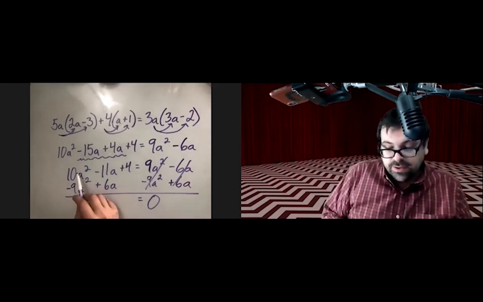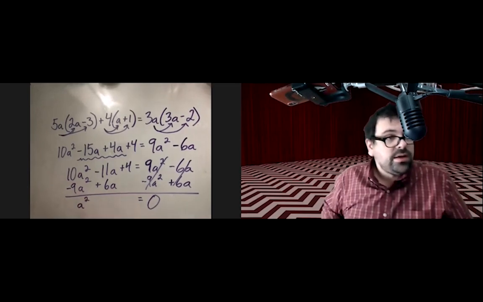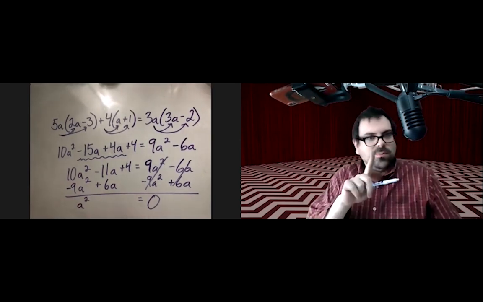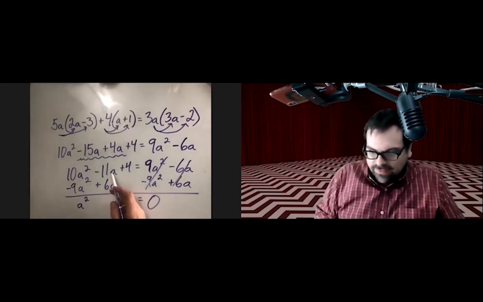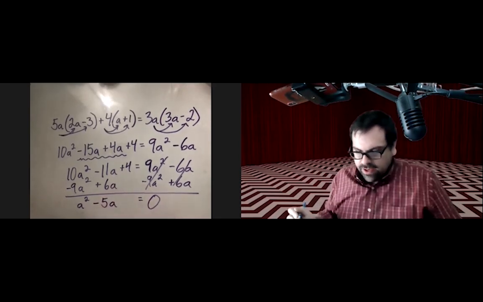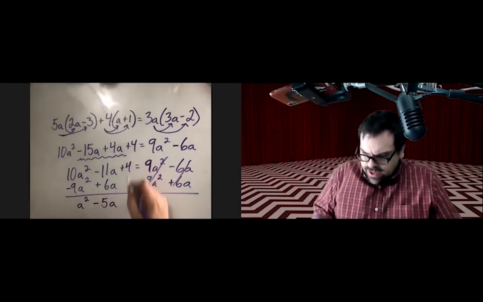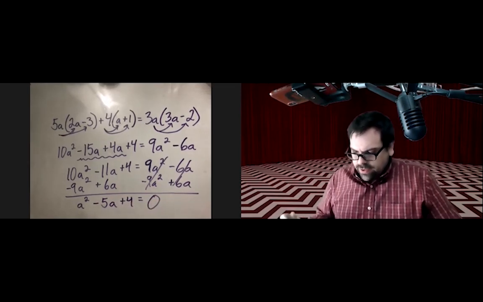On the left, 10a squared minus 9a squared, that's just a single little a squared, one of them. Negative 11a plus 6a, that's negative 5a, because negative 11 plus 6 is negative 5. And don't forget, we have this plus 4.